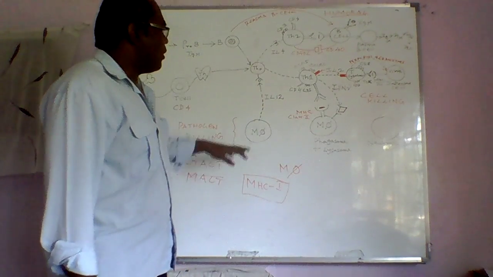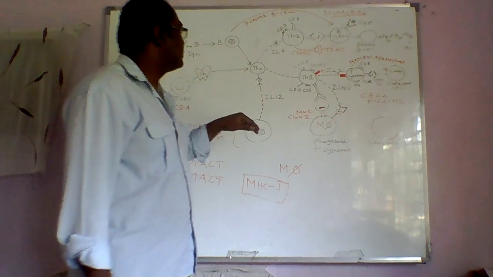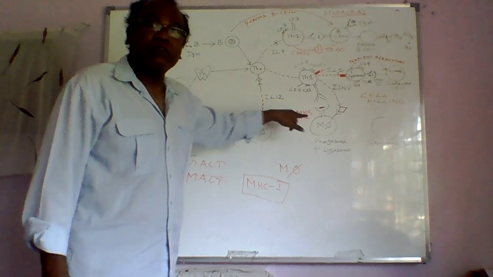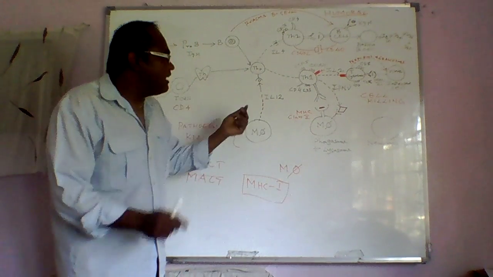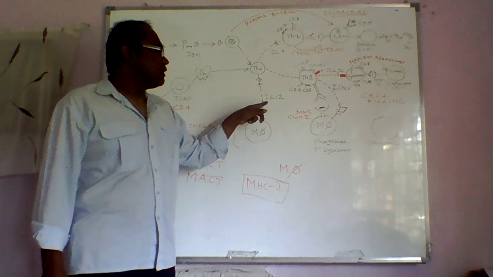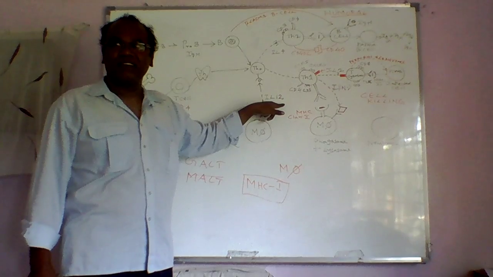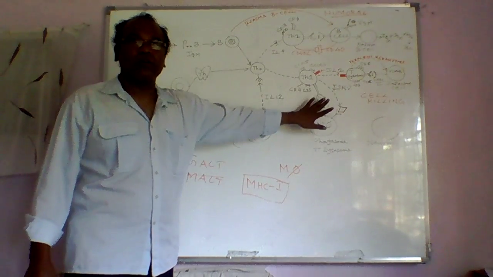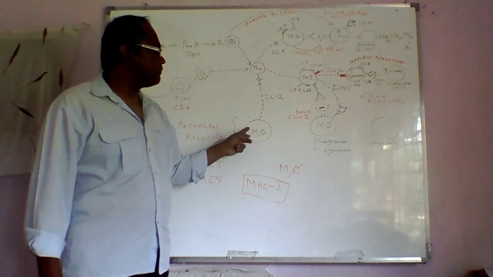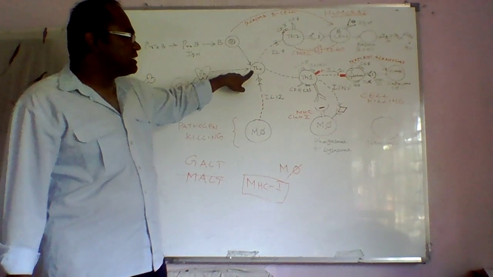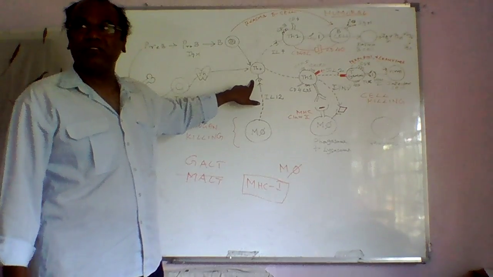Now, when the macrophage has encountered a pathogen, it releases a signaling molecule called an interleukin, which is a cytokine called IL-12. I've not put this IL-12 here because it will make it more crowded over here. So I've just put the macrophage here, signaling IL-12. This TH0 has an IL-12 receptor on the outside.